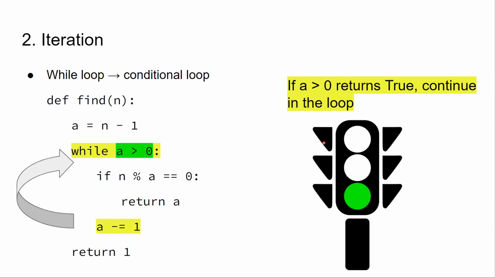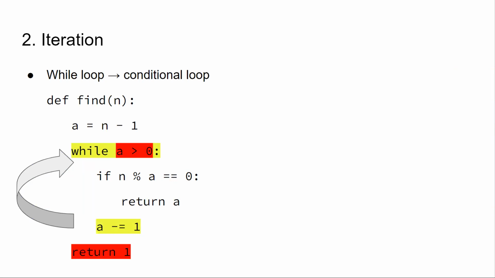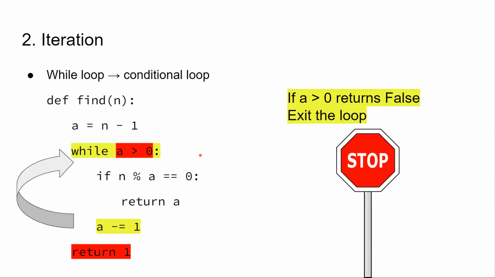It's like a green light. If not, it returns false, and you end the loop and go to the remaining part of the body. So you exit the loop. It's like a stop sign: whether you're running 100 mph or 1 mph, you have to stop.